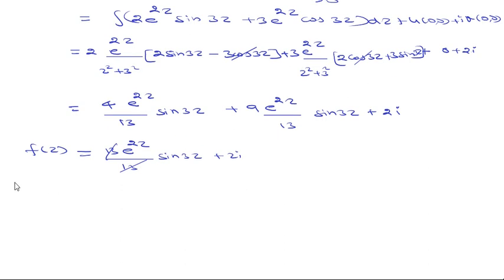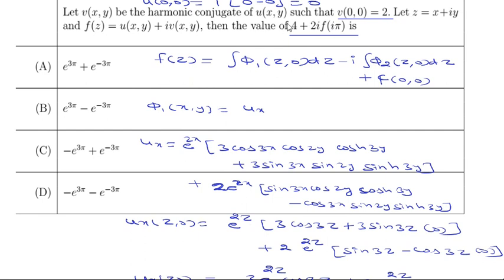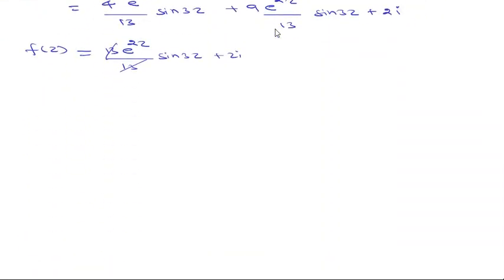So now our aim is to find the value of this one, 4 plus 2y times f of I pi. So for z, let us substitute I pi.